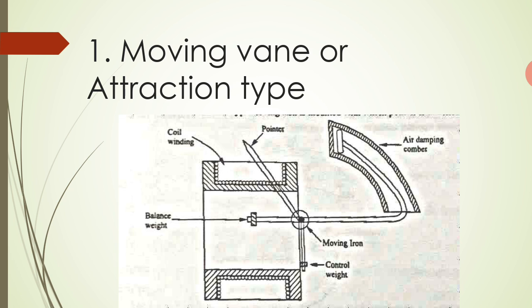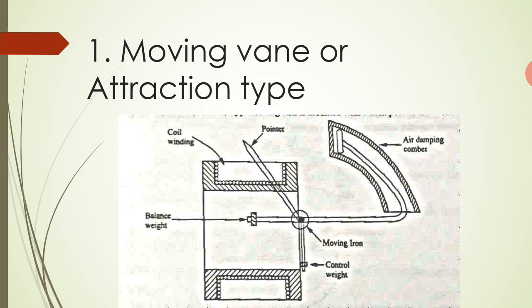In this system, when current flows through the coil, a magnetic field is produced at its center. A soft iron vane fixed on the spindle becomes magnetized and moves from the weaker field outside to the stronger field inside the coil.